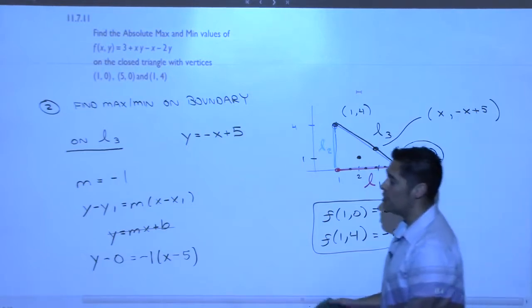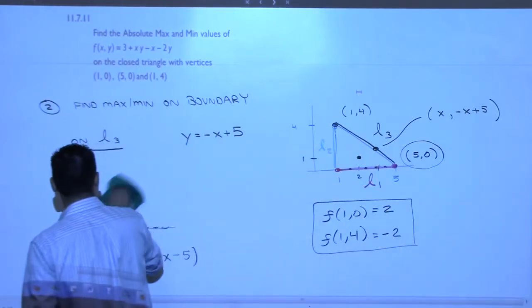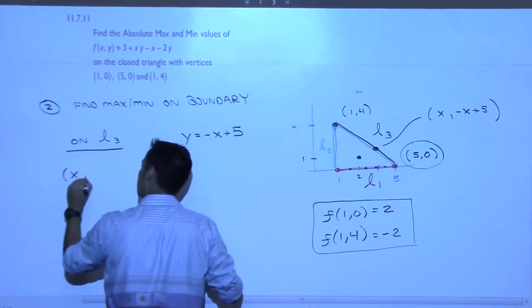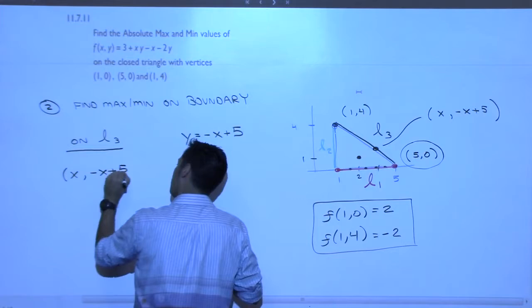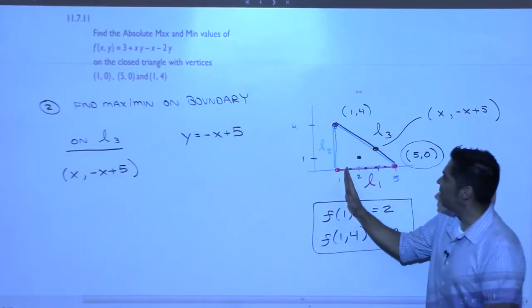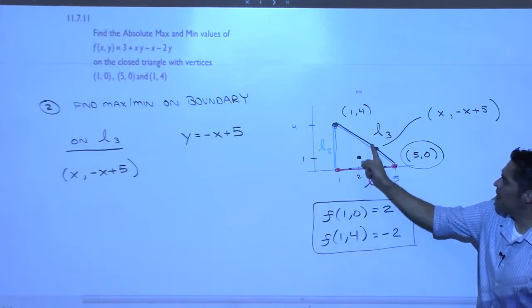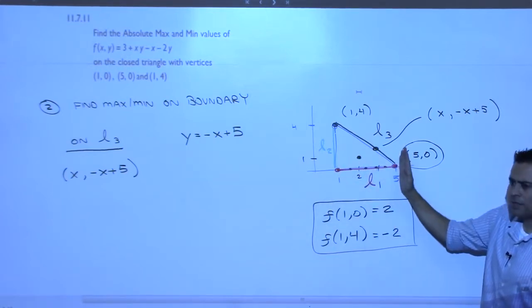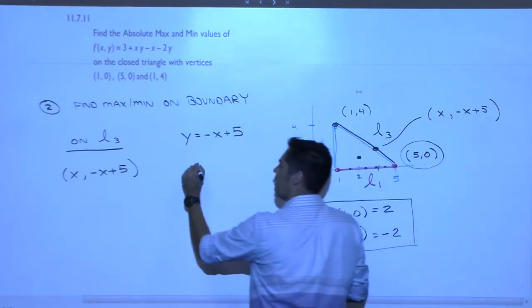Okay, so now what we'll do, just like we did before, is all the points on this line L3 look like this: x, -x plus 5. And we do have a restriction on x. What's the restriction on the x that I plug in to be on this line? The smallest x I can be is 1. The biggest I can be is 5. So I still have this restriction.